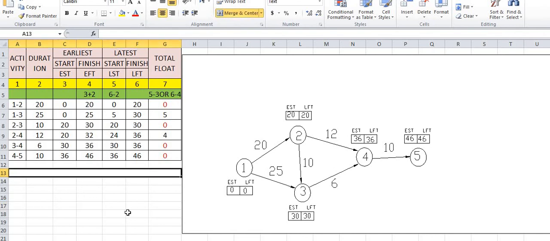So the critical path is the path where the values are 0.